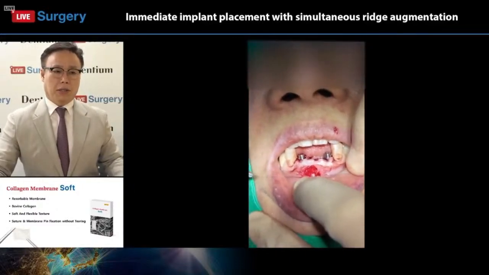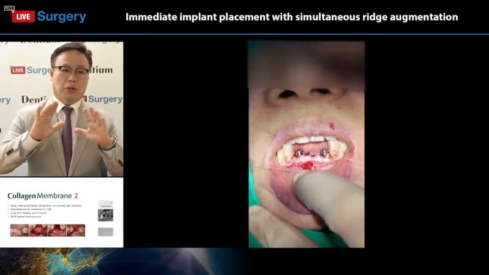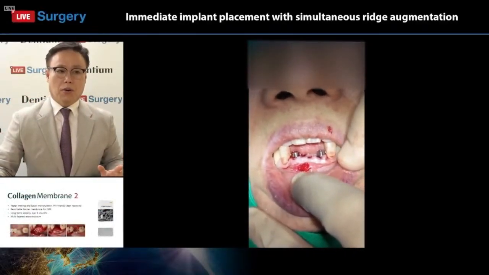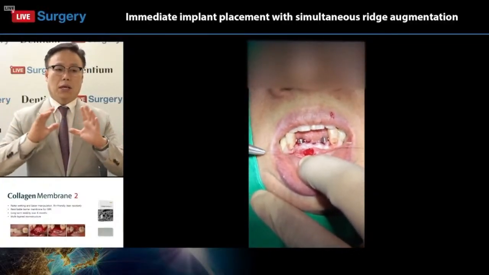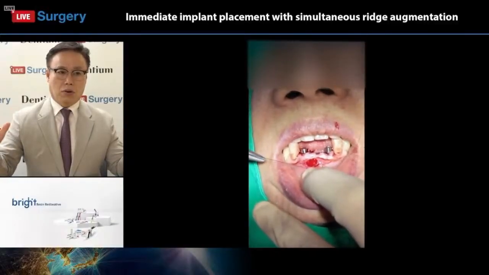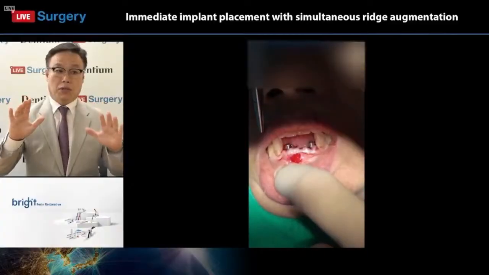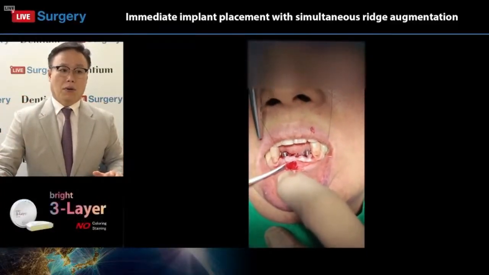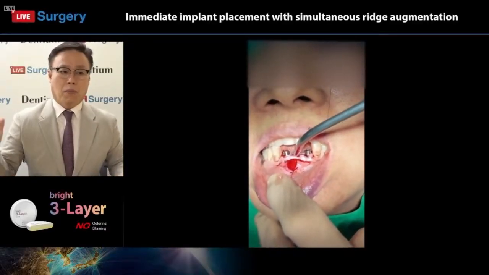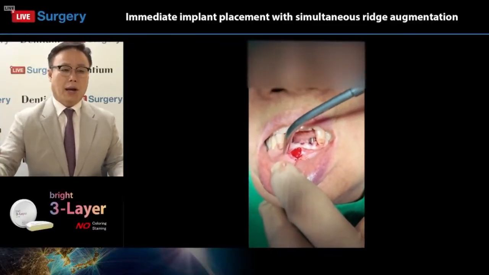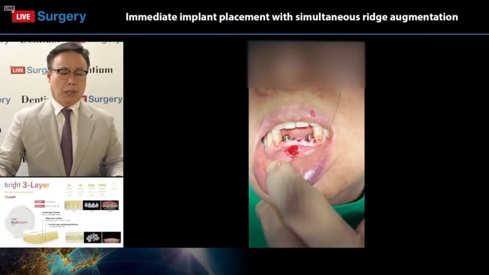Contouring augmentation gives a more natural contour, because after we extract the tooth, mostly we lose the contour of the alveolar ridge. There will be some resorption of the bone. That's why, to compensate for that deficiency, we apply the bone graft sometimes, and the collagen matrix sometimes. We call this contouring augmentation.